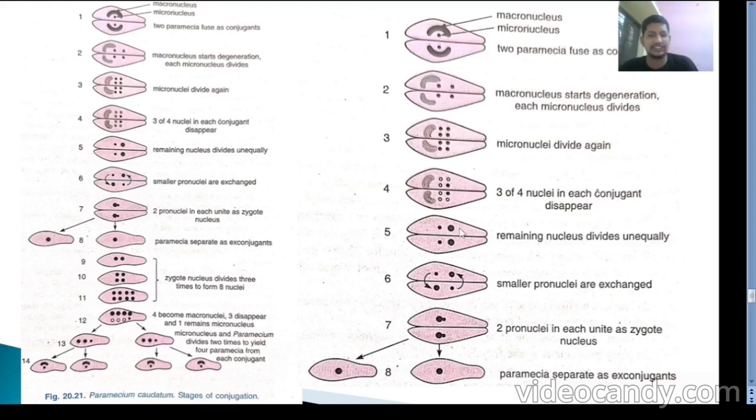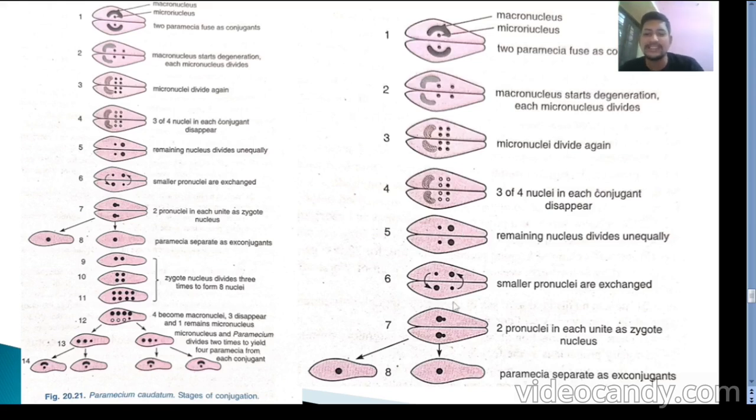This is the first difference. And the male nucleus is migratory. Okay, so it is motile, it can move, but the female nucleus is stationary.